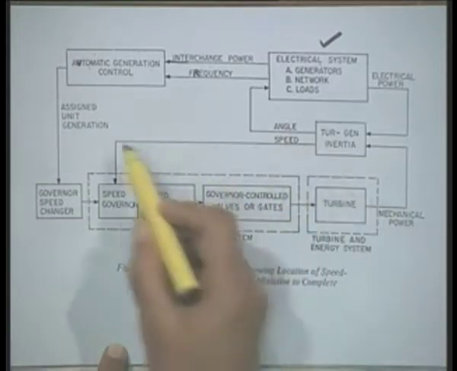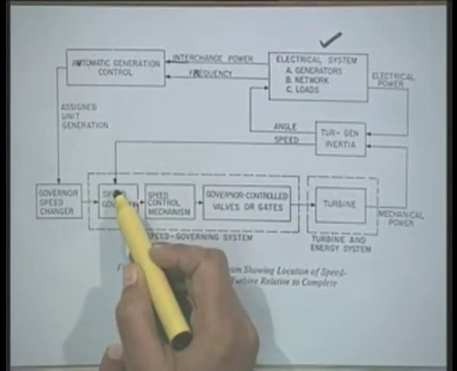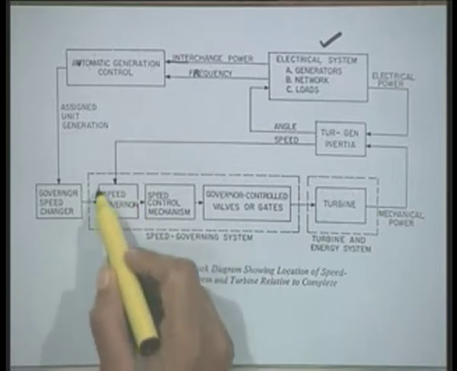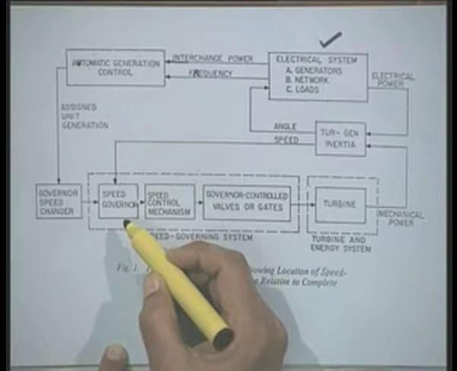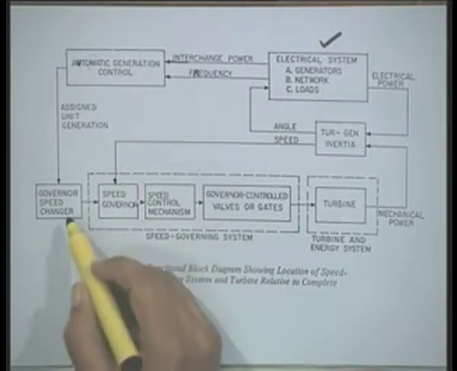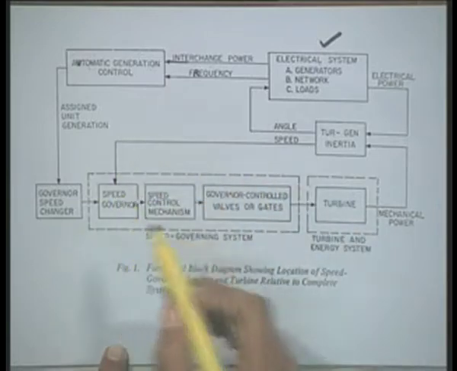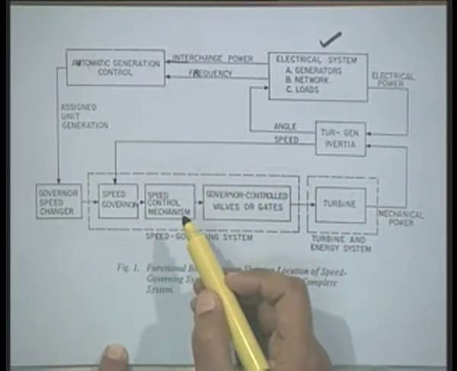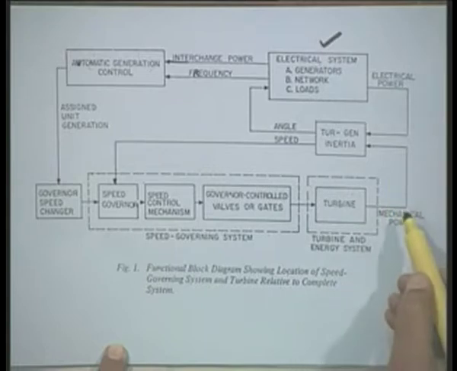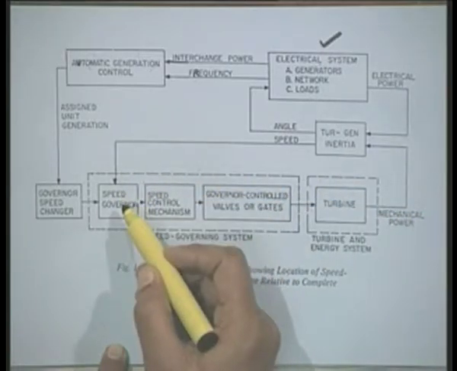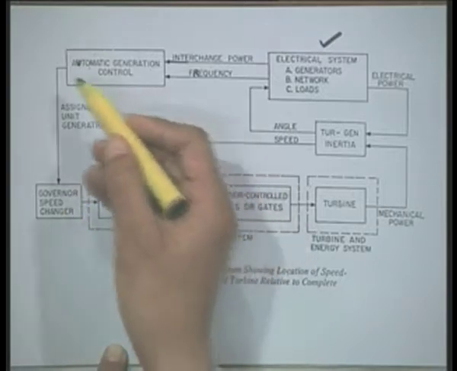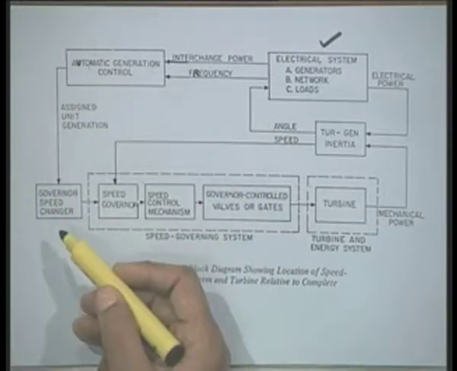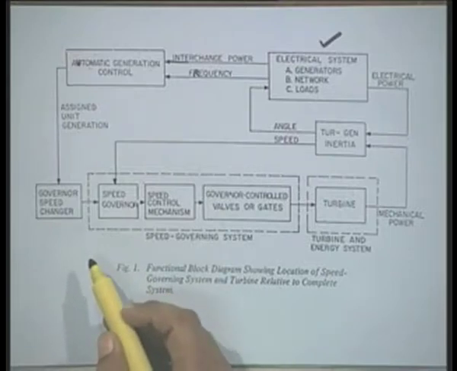Now, the speed deviation signal is processed through a speed governor. Therefore, the speed governor is the most important component in the control mechanism. It has two inputs, one coming from the terminal of the synchronous generator, and that is the speed signal. Another is the control signal coming through the AGC, which we call the speed changer position.